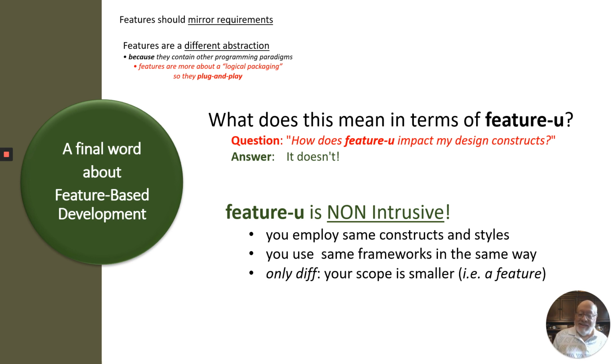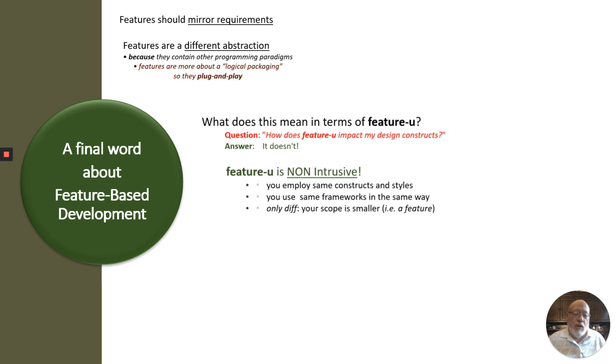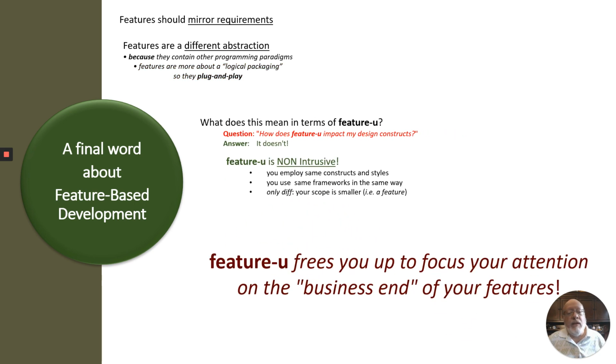You employ the same constructs and the same styles. You use the same frameworks in the same way. The only difference is your scope is smaller. It's within the scope of a feature. So quite the contrary to being intrusive, the byline of feature U is that it frees you up to focus your attention on the business end of your features.